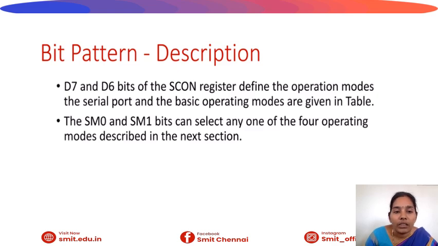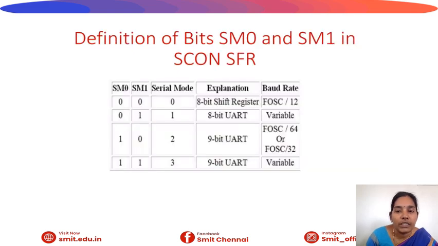As we know, D6 and D7 of the SCON register are used for the operational modes of the serial port communication. You can use the SM0 and SM1 bits to select the 4 operating modes. This is the bits configuration. If you select serial mode 0, you set the bits SM0 and SM1 to 00.